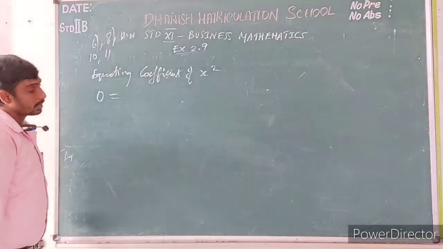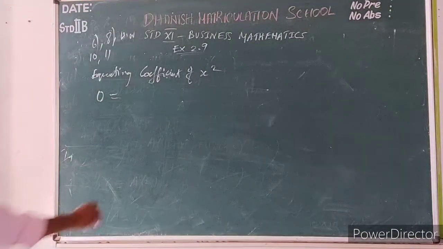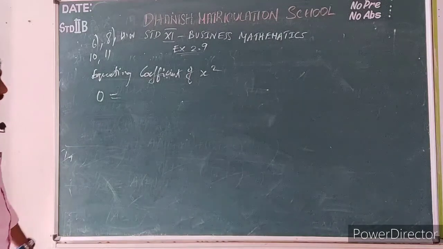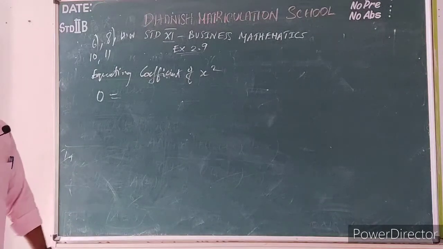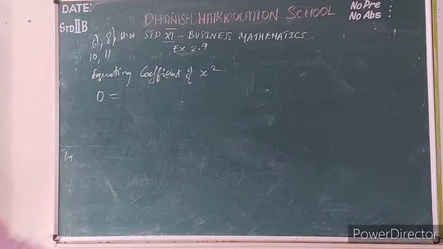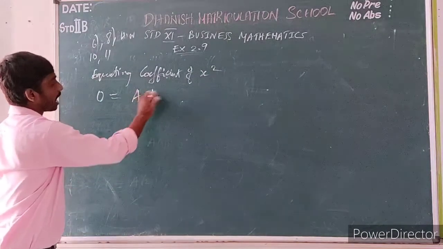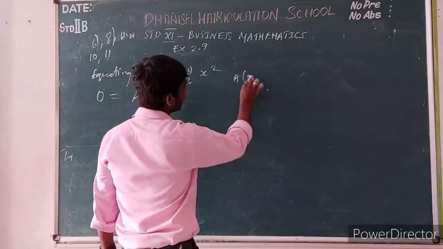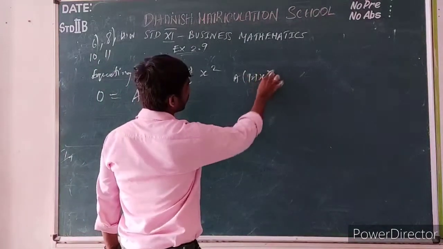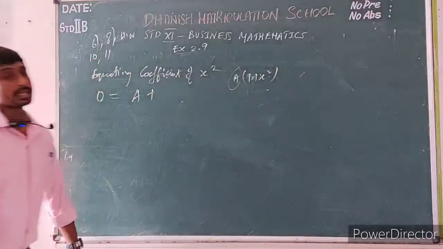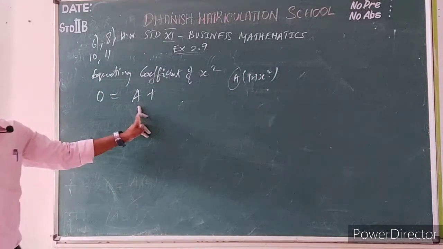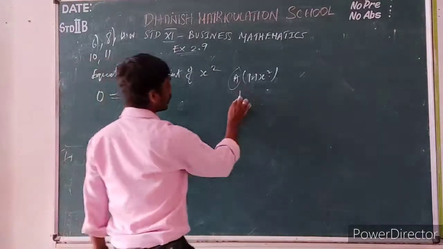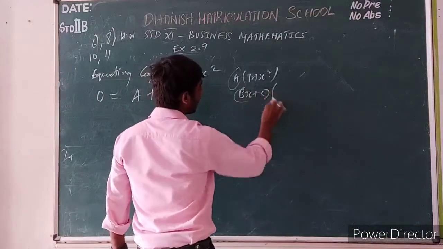Then we come to the numerator on the RHS: a into 1 plus x square plus bx plus c into 1 plus x. The coefficient of x square from a into 1 plus x square will be a.